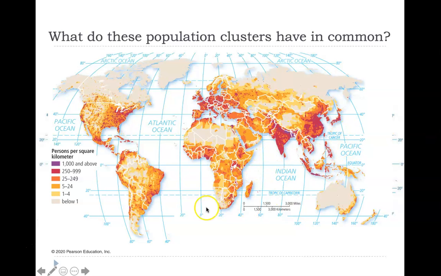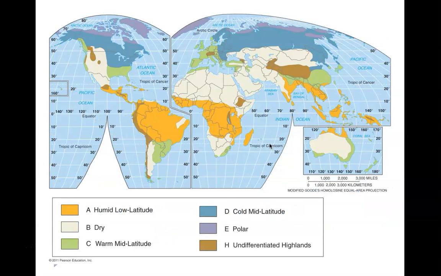The Ganges and the Indus River valleys in India would be good examples of there. You see some purple, right, high density happening right there. You'll see next to land that is arable, right, land that can be farmed as well. So you're going to see some population commonalities with physical traits. All right.